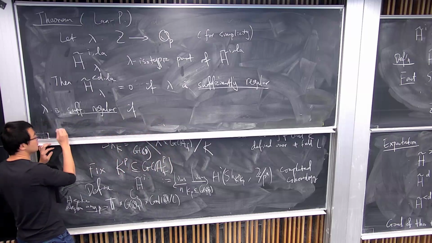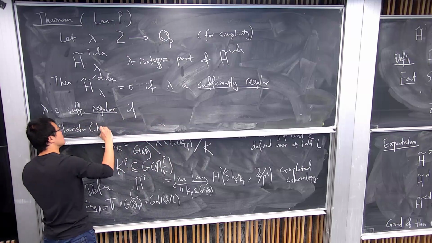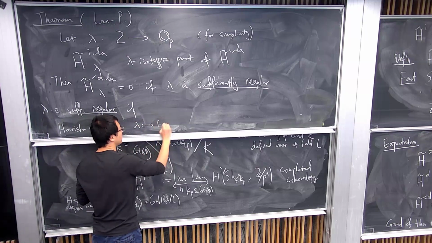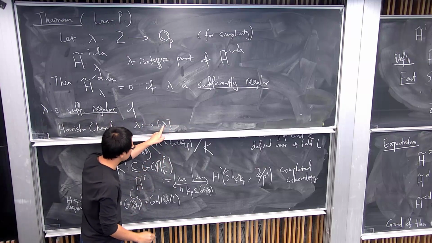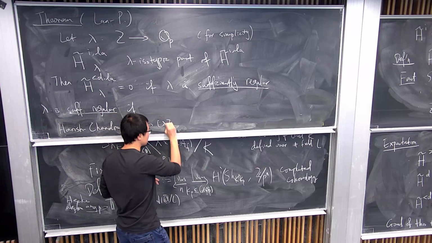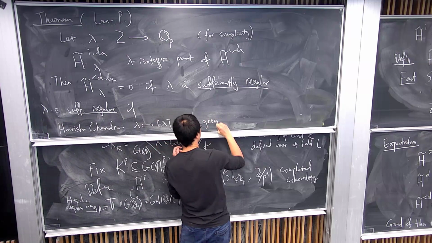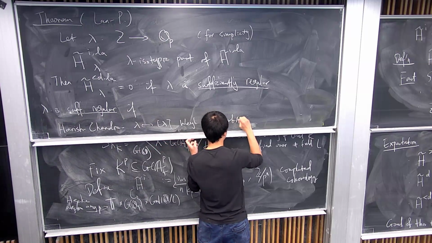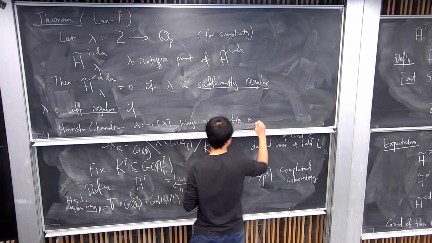Some notation first. By Harish-Chandra, we can identify lambda with the Weyl group orbits, which I denote by the bracket, of lambda in the weight space.